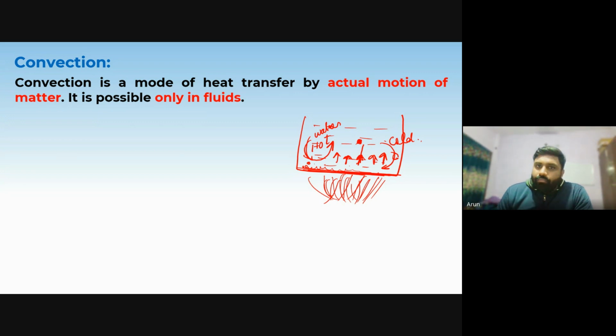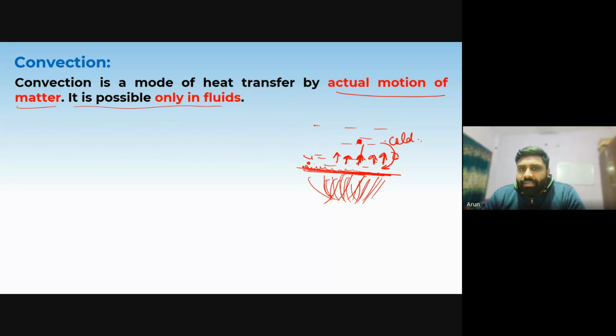So convection is a mode of heat transfer by actual motion of matter, and it is possible only in fluids. For solids, you cannot shift the solid from one place to another. Solids mostly gain heat because of conduction or radiation. So it happens only for fluids.